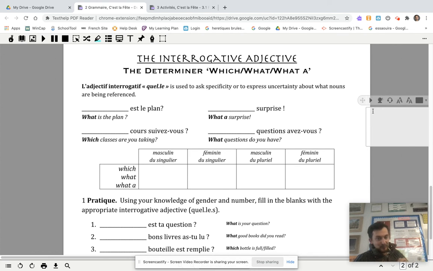Now, this is where English is a little bit annoying, because which one are we using? Well, French, how do I want to say this? French specifies whether the type of what is a noun or an adjective. And when we say quel, we're using an adjective. Think about it. When I say what show, I'm asking for more information about the show.